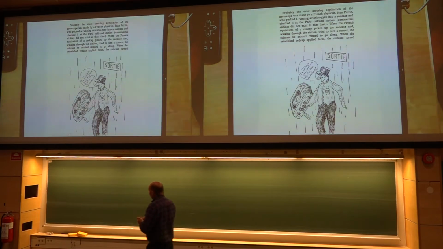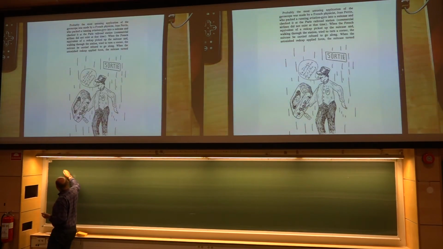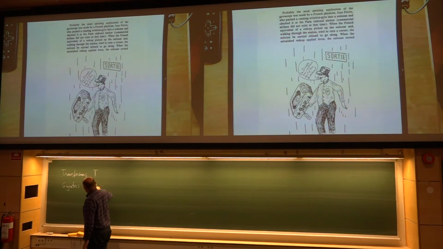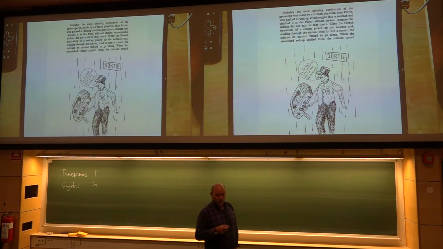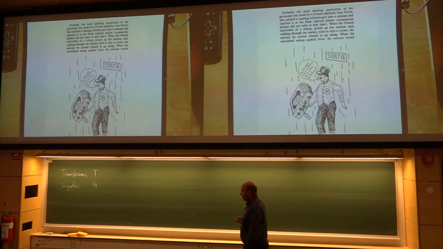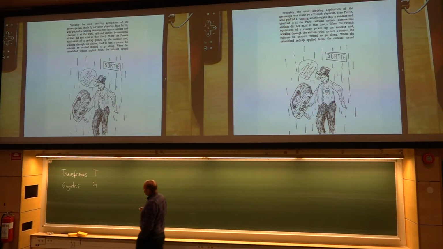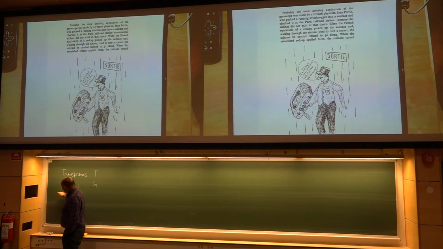We are talking about ideal machines. We had transformers, a large T, and we had gyrators, a large G. The last example I showed you was a transformer, which then also acts as a transducer.